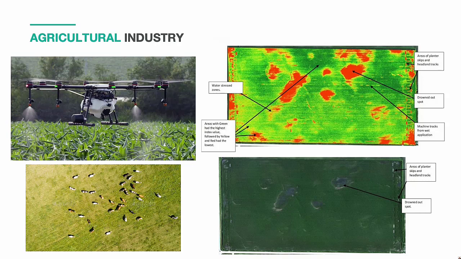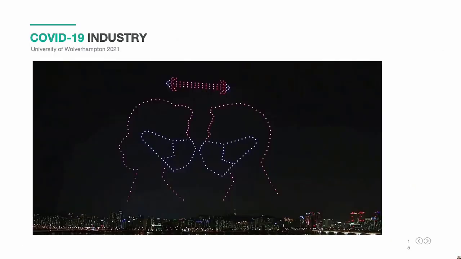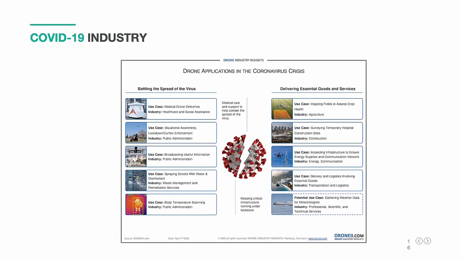For construction, it could be similar. Where are the employees working, are they compliant with health and safety, and they can provide us a map of where they are located. For COVID-19, drones were used to take measures about social distancing, but the applications are more focused on public safety in any case.